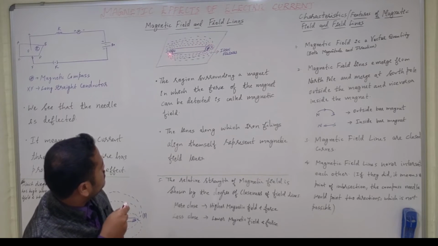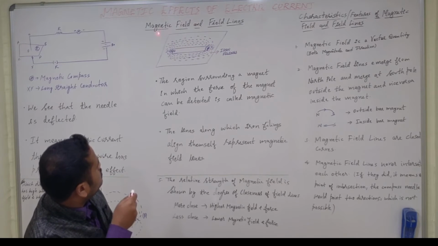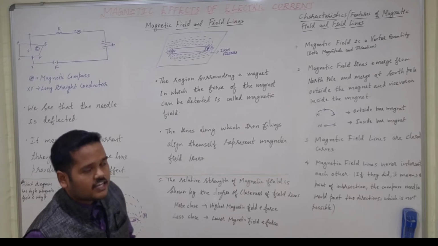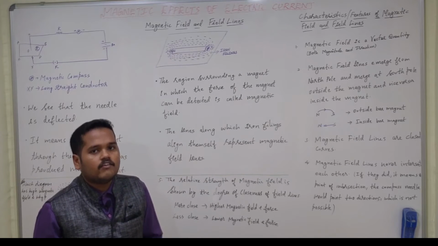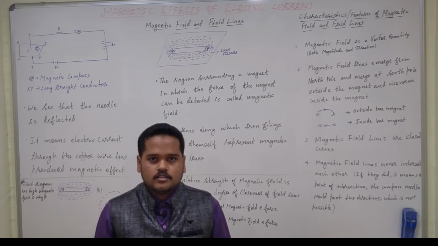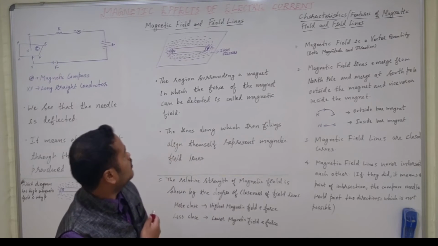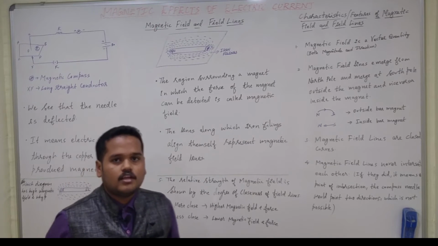These lines along which the iron filings align themselves are called magnetic field lines, or we can represent them as magnetic field lines.